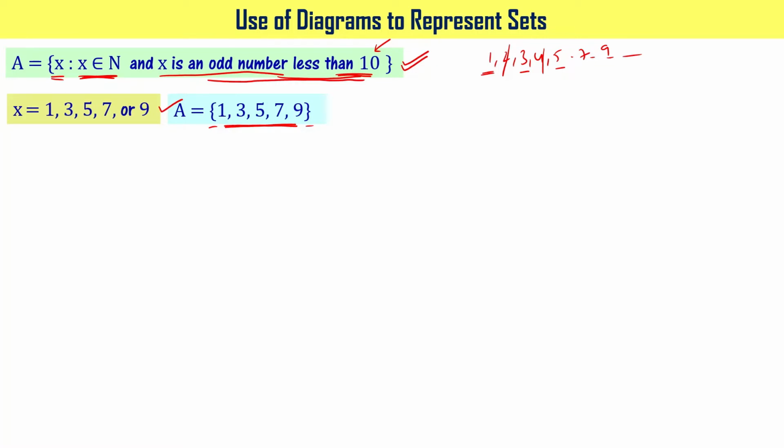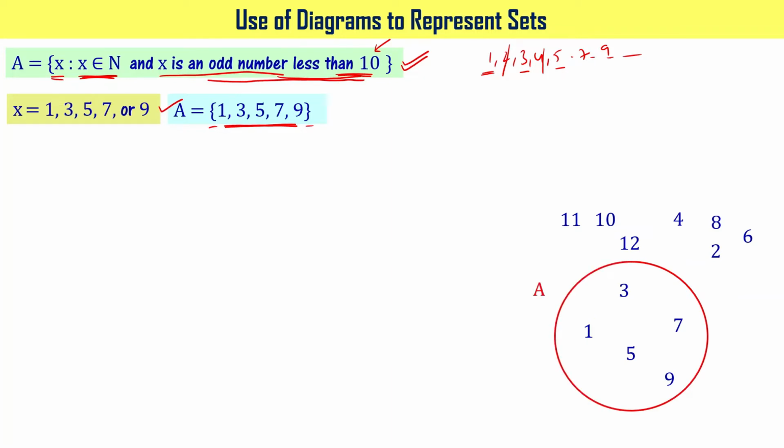Now look at this. I can represent this using diagrams. How are we going to do it? Let me write natural numbers. So many natural numbers are there, right? I have written only 1 to 12, but you can write many more. Now what I'm going to do is draw a circle or a closed curve around these elements 1, 3, 5, 7 and 9.